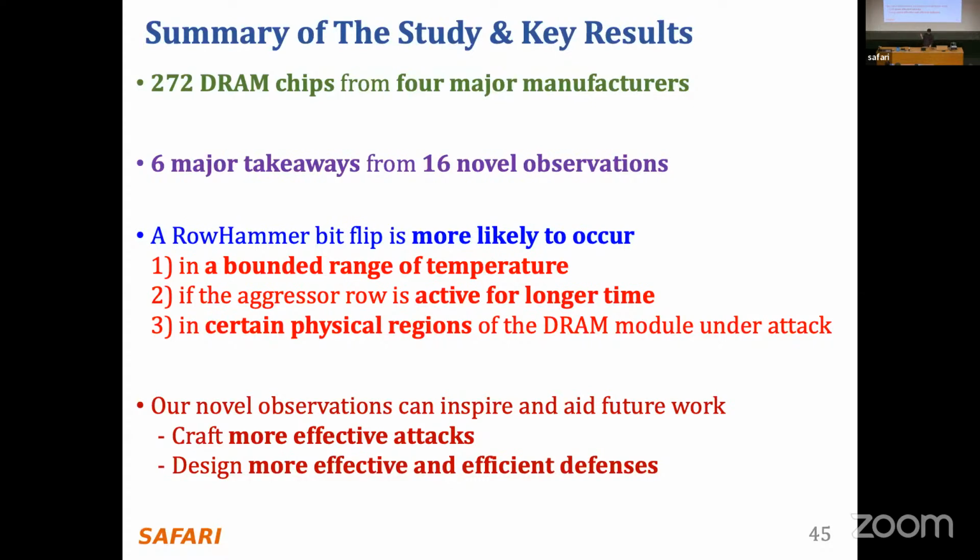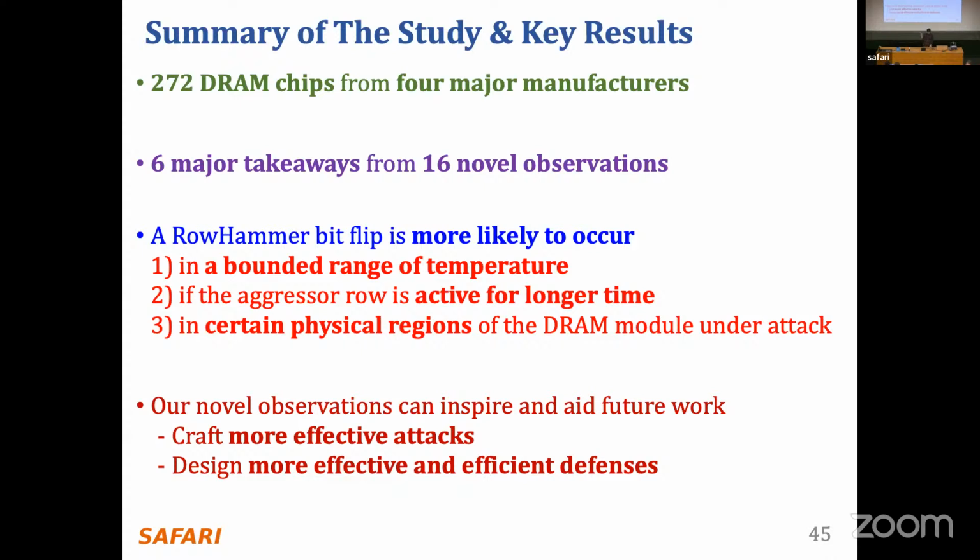And second, if you keep the aggressor row open for a longer period of time, you will have more bitflips. And third, the RowHammer vulnerability is not uniformly distributed across the chip. Certain locations in the DRAM bank are more vulnerable to RowHammer attacks.